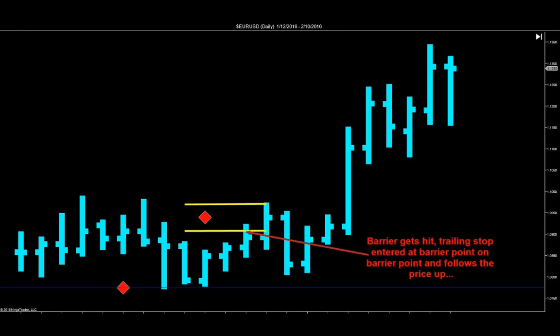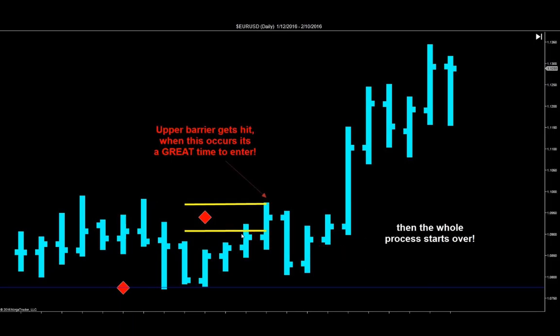All right, let's move on. Then the next bar price, the upper barrier gets hit. When this occurs, it's a great time to enter, or if you're still long, you would exit at that. Then the whole process starts over.